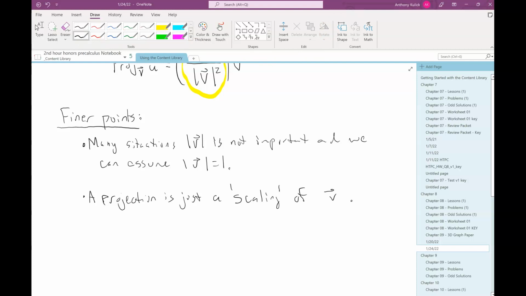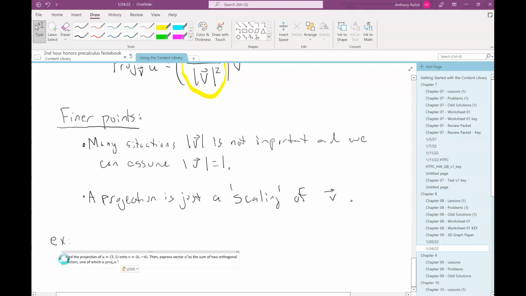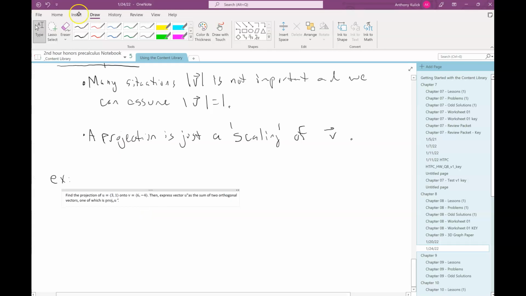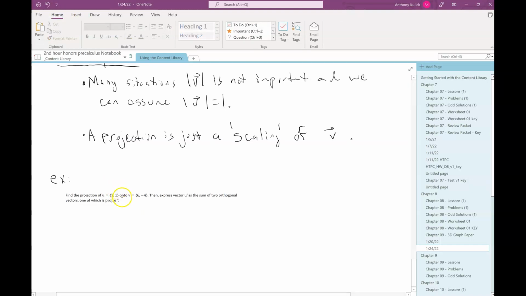Okay, so let's do some examples here to start getting comfortable with this.